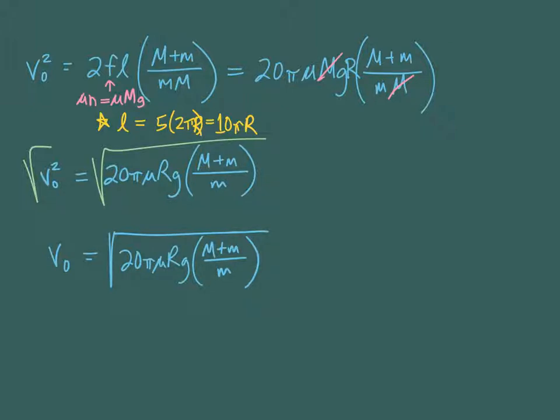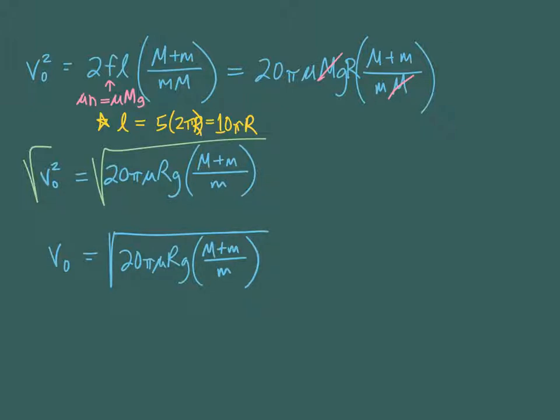I could have left the frictional force in as mu, but it's been in there. So now I have it just in terms of mass and radius and constants. The force of friction is being accounted for by mu, the coefficient of friction. The work done by friction is accounted for in the radius there and the 20 pi r business, and then the mass of the things involved in the system.